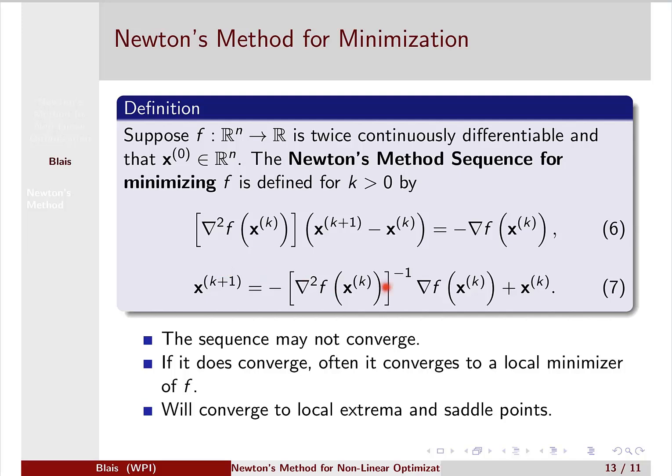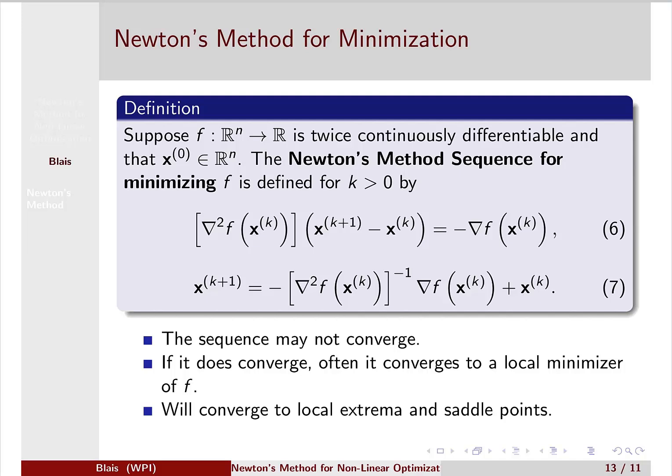And so now we have our theorem here for that type of minimization, and it simply is what we just wrote with g replaced by gradient of f and the Jacobian of g replaced by the Hessian of f. This defines our Newton method for nonlinear optimization.